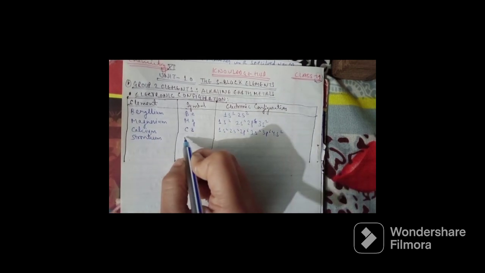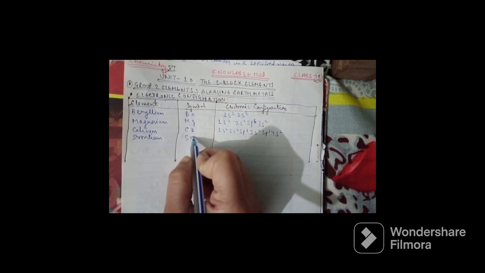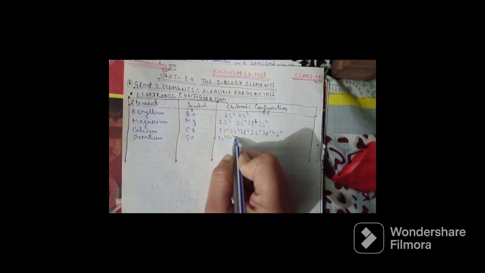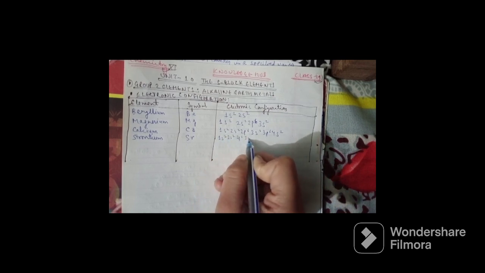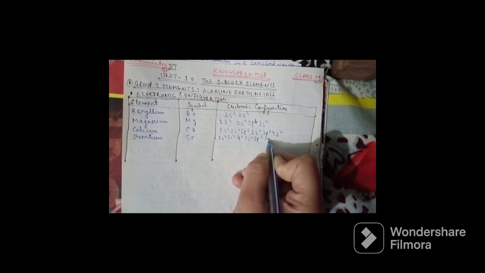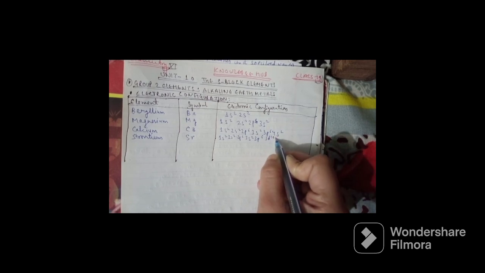Another we have is strontium, that is Sr. The electronic configuration is 1s2 2s2 2p6 3s2 3p6 3d10 4s2 4p6 5s2.